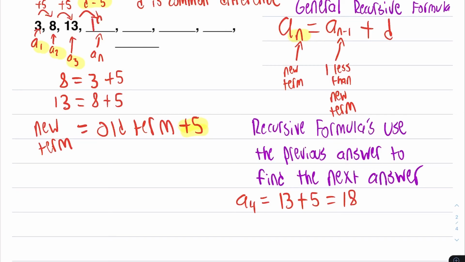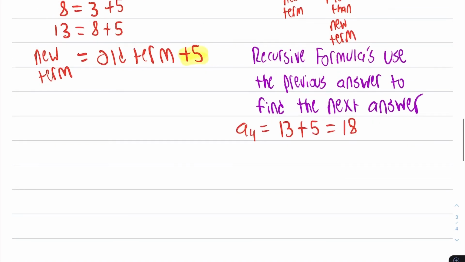So that means up here we can put 18. To find the next one, a5 will be equal to 18 plus 5, which is 23.